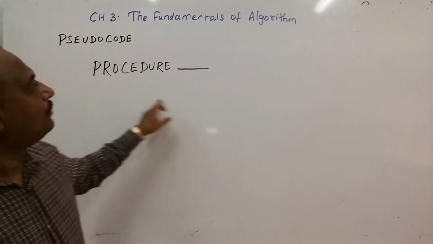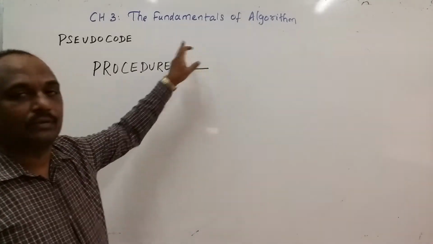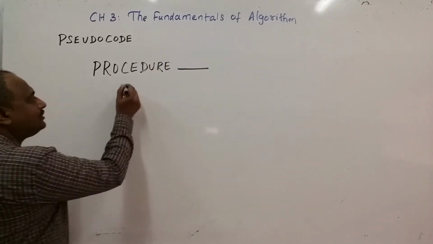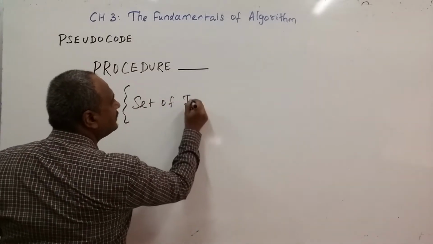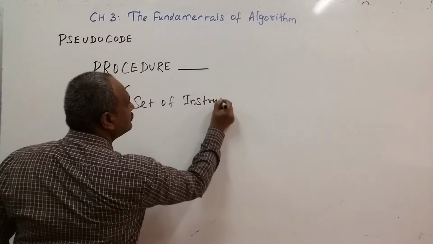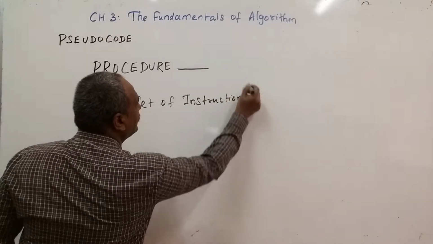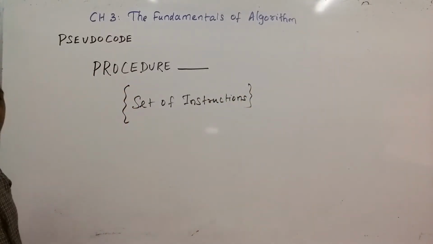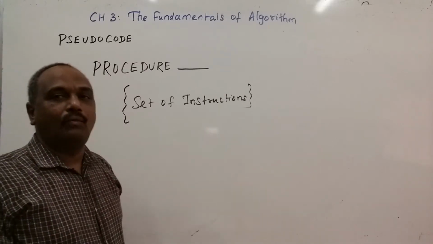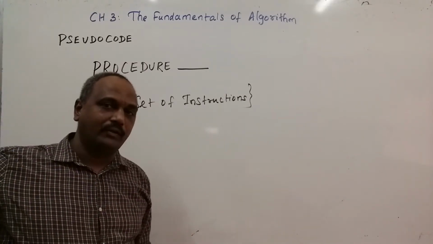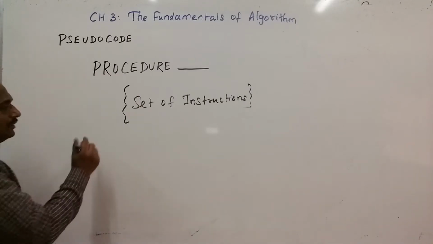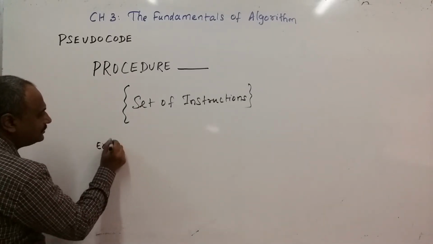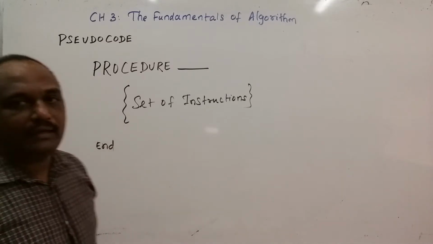So what is the procedure for? And this will have a set of instructions. Maybe a loop, maybe a conditional statement, whatever the requirement related to the program. And then this will have an end statement.